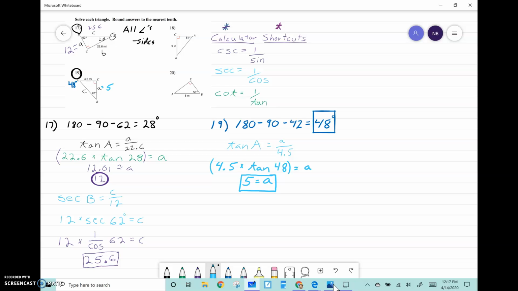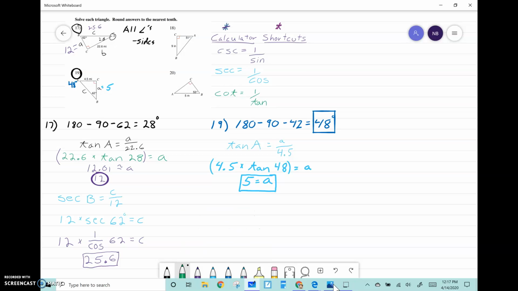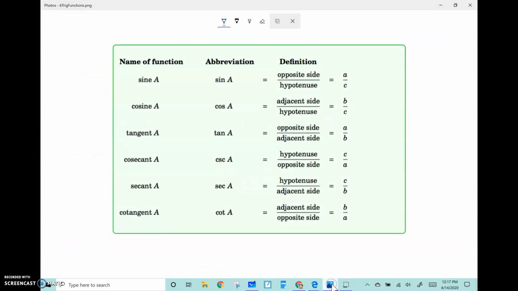The only thing left to do is find out the measure of our hypotenuse. Okay. So what we're going to do is work with using these shortcuts. I'm going to keep using angle A, and I'm picking the cosecant function. The cosecant function is telling me that the hypotenuse is on top of the opposite side.